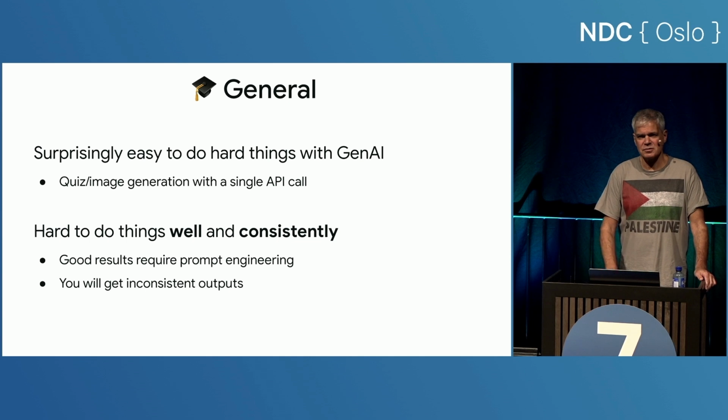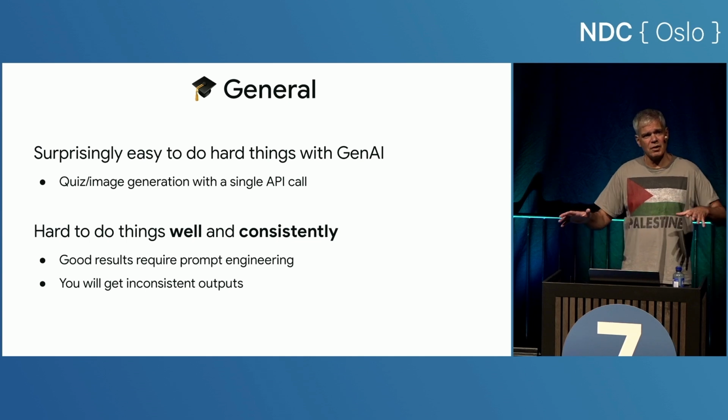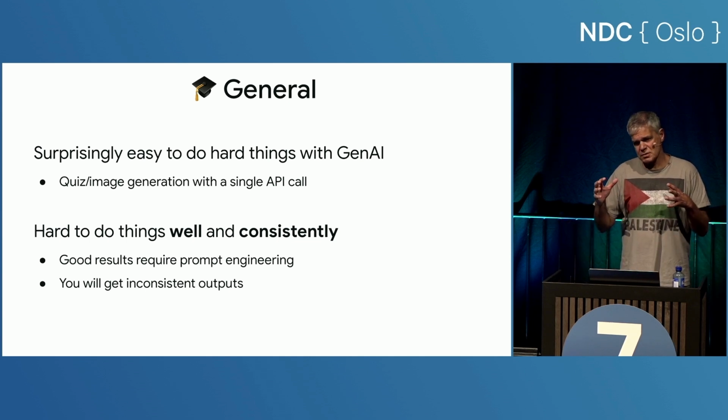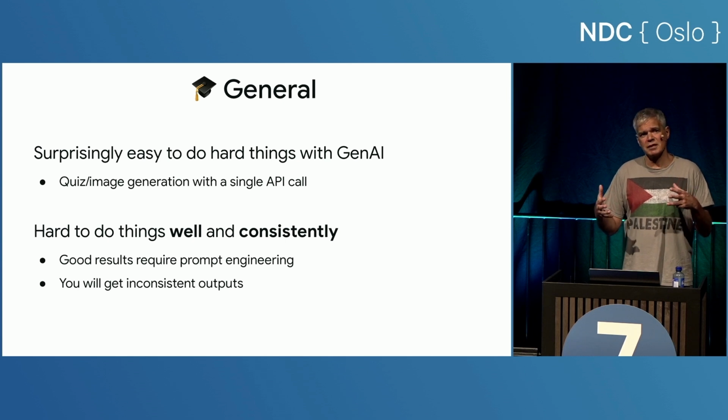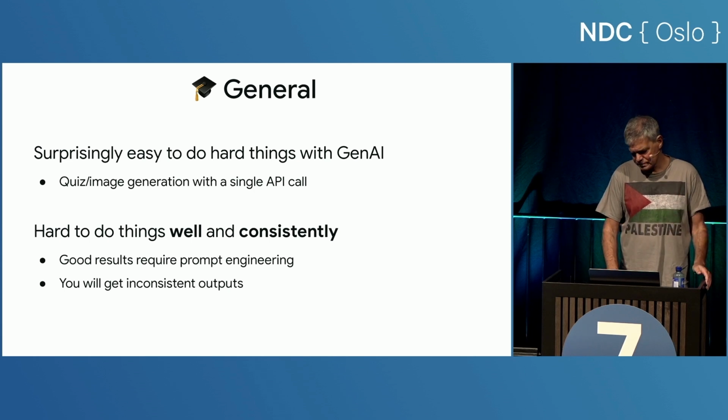And you will get inconsistent outputs no matter how hard you try. And so you need to adopt a belt and suspenders kind of approach, where you codify in the prompt exactly what you want, but then you don't assume you're going to get it. You still code to deal with what might happen if you don't get exactly what you want.